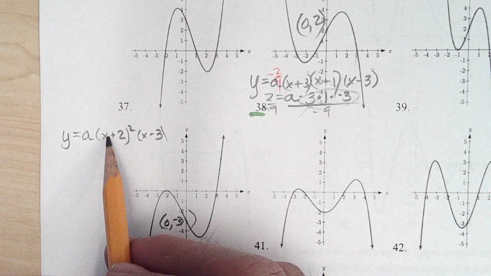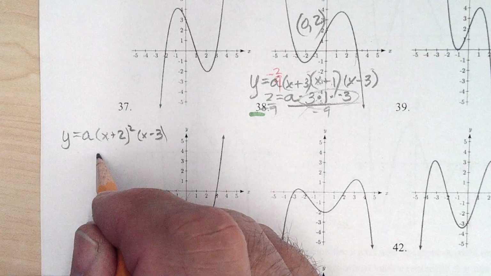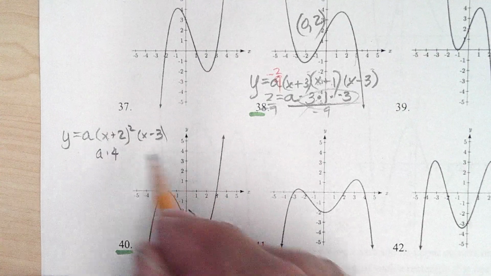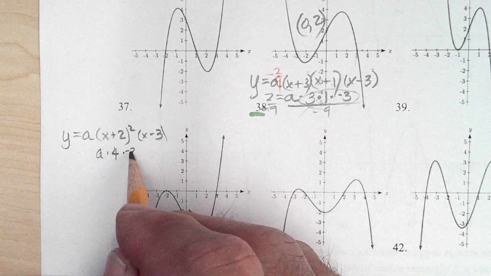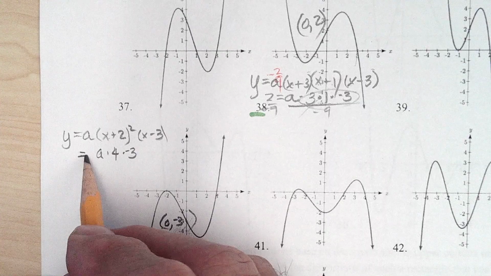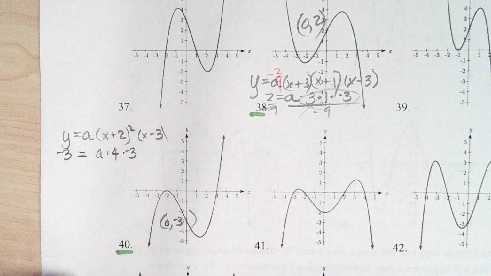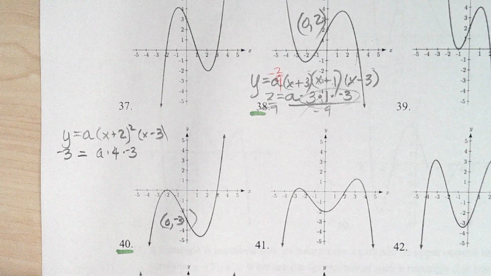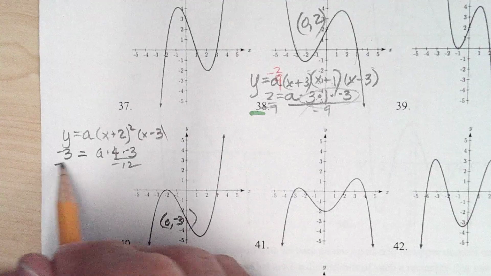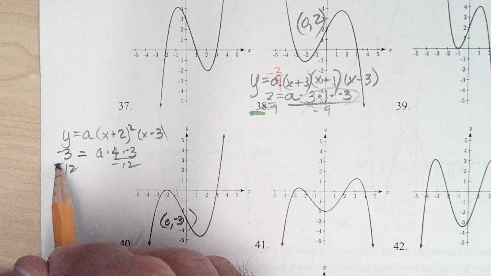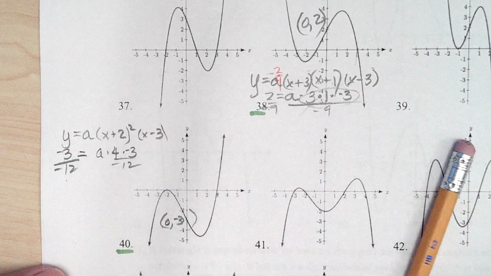So if I put 0 in for the x's, I get 0 plus 2, 2 squared, 4, times, put in 0 for the x, I get negative 3. And I'm supposed to end up with negative 3. So it looks like I need to divide by negative 12. So negative 3 divided by negative 12 is positive 1/4.